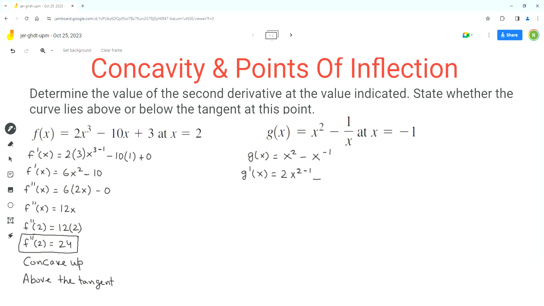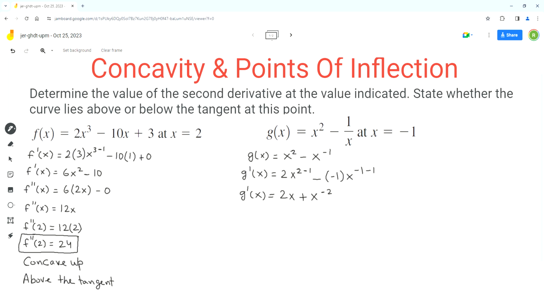So we should move the exponent to the front and subtract 1 from it. Now we can simplify this expression. Now minus -1 becomes +1. And we don't write 1 as a coefficient. So this is the expression for g prime of x.